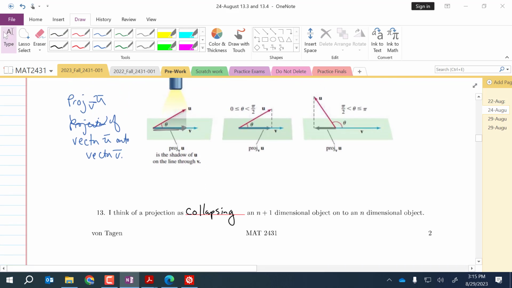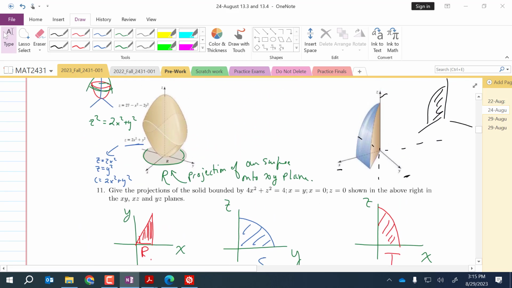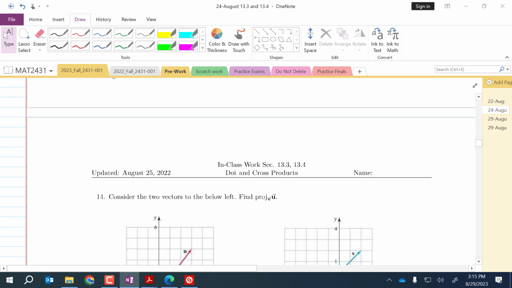In R3, in this picture anyway. And what am I doing? I'm collapsing it into a plane. What's a plane? A two-dimensional object. If you look at these pictures up here, we had these three-dimensional surfaces that I collapsed into two-dimensional regions. So I like the word collapsing when I'm thinking about projections.